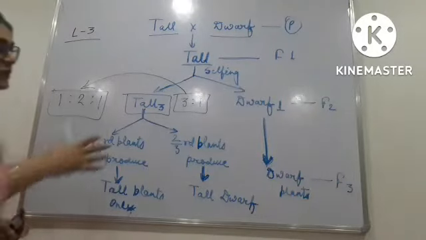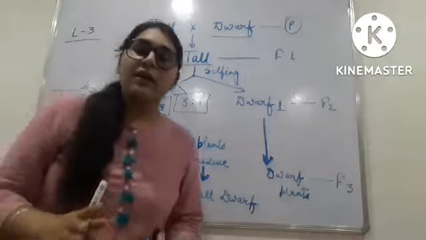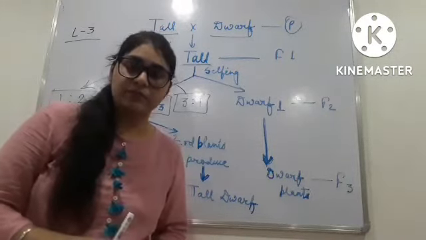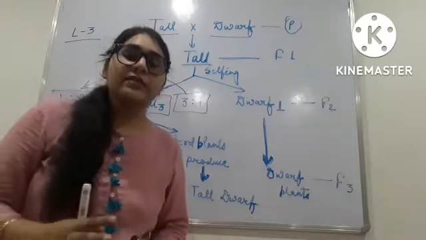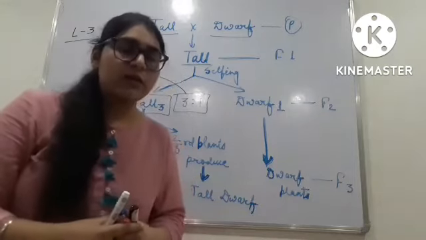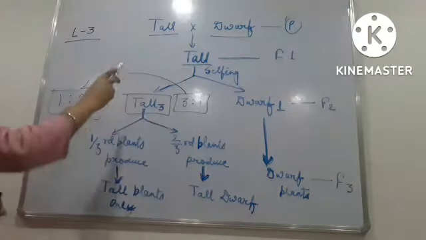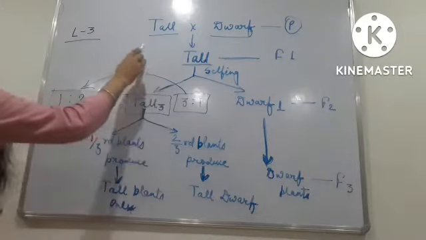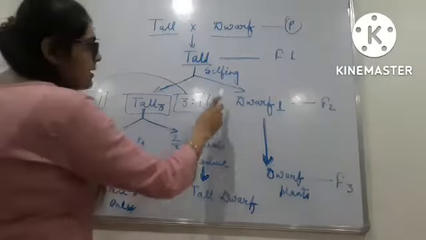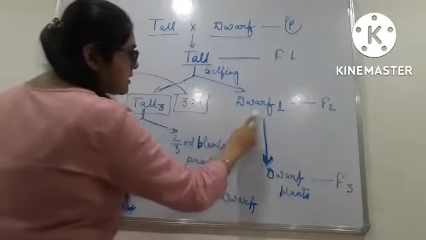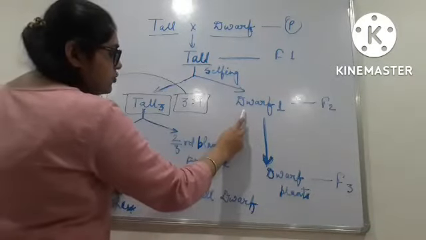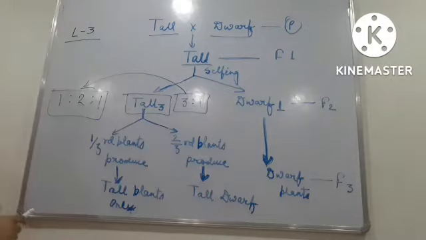So this observation clearly rejected the blending hypothesis or mixing hypothesis, which suggests that forms of a trait blend or mix after crossing. If the forms of a trait would mix after crossing, then after mixing we could not get the other trait, which is dwarf, in F2 generation.